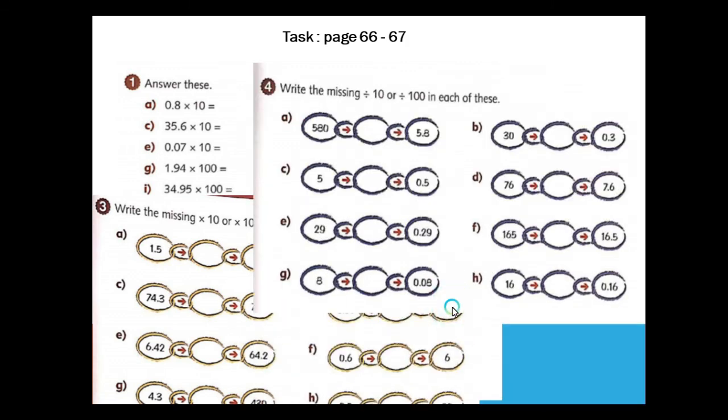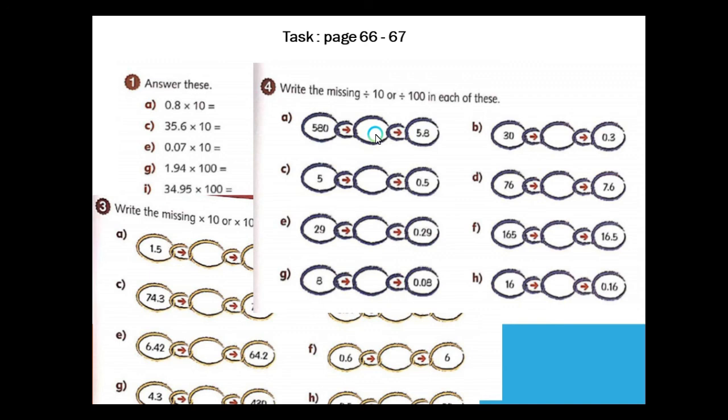And the same thing goes for the right, whether it's divided by 10 or divided by 100. So when you have 5.8, did you divide by 10 or by 100? When you move to the right, 1, 2, definitely this is 100.